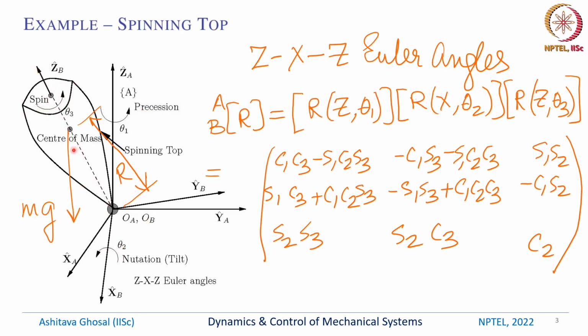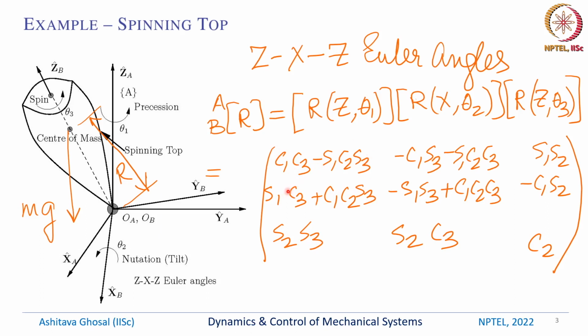If you expand all these, we have looked at these three simple rotations Z, X and Z, and if we multiply the matrices in that order, we will get a rotation matrix which contains terms like this. The 3-3 term is cos theta 2. This is sin theta 1, sin theta 2, minus cos theta 1, sin theta 2. This is sin theta 2, sin theta 3, S2 S3 and S2 C3. The 1-1 term is a little bit more complicated, but we have seen this earlier.